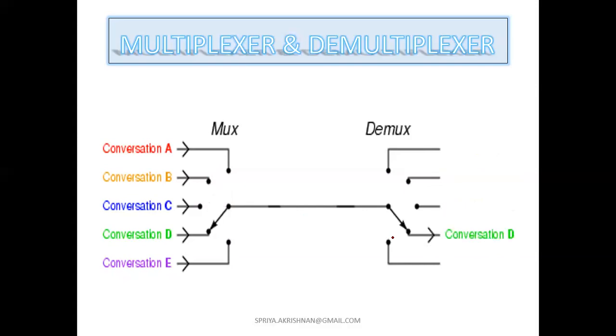That is the logic. I can design the mux as 1 cross 2, 1 cross 4, 1 cross 8, 1 cross 16, and you can keep extending. Similarly, you can design the demux as 1 cross 2, 1 cross 4, 1 cross 8, and keep extending.